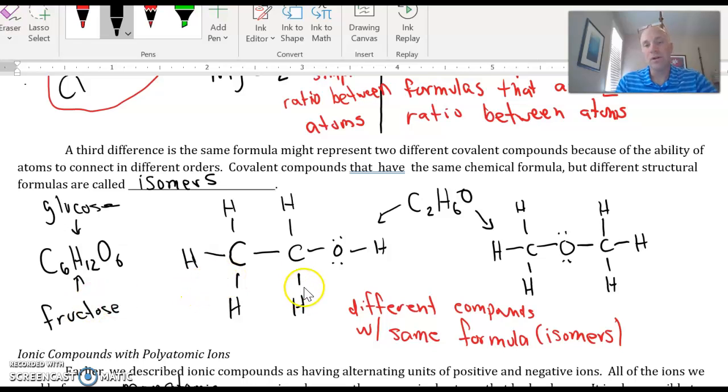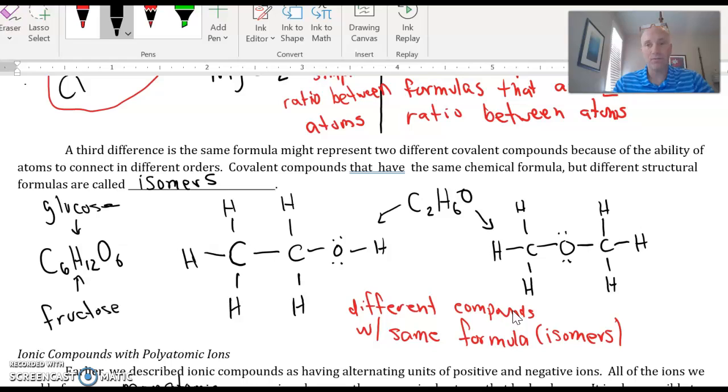A really simple example of this: if I were to show you this formula right here, C2H6O, and ask you to try to draw a Lewis structure for this compound, some of you might draw this structure right here, but some of you might have decided to put the oxygen between the carbons and come up with this structure right here. Both of these compounds exist. They are completely different compounds.